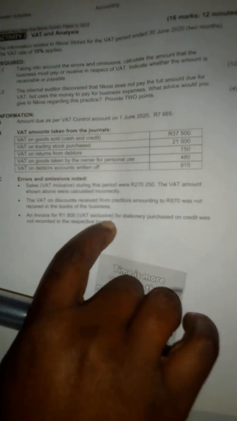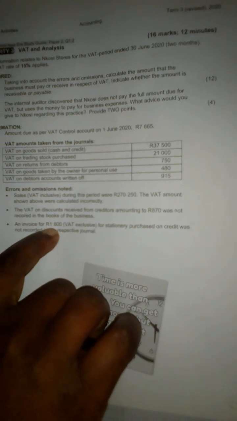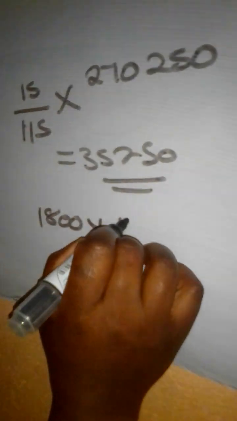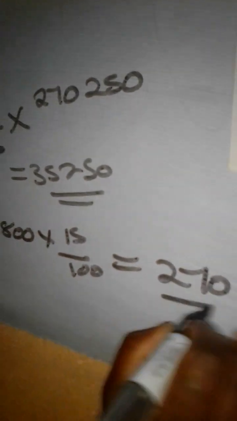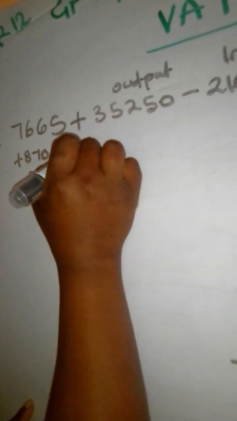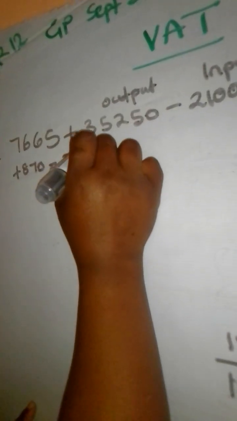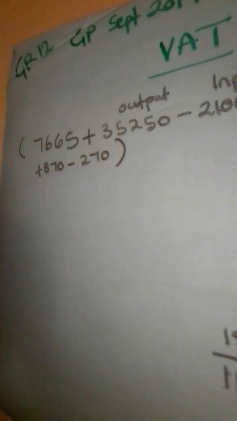Already we know that is input VAT. It is VAT exclusive, so there is no VAT included. So we are going to say 1,800 multiplied by 15%. I'm sure it will give us something like 270. So that is a minus 270. Now we can go to our calculators to check.